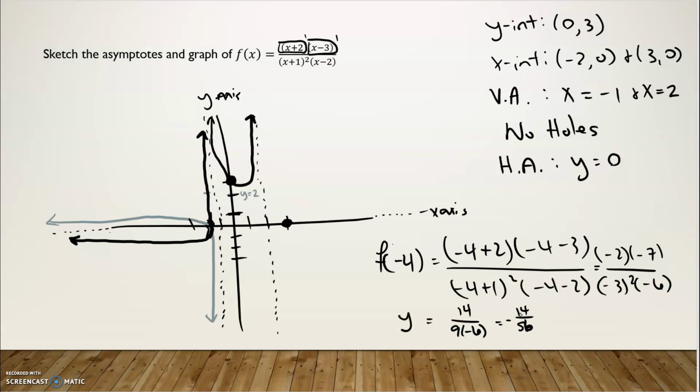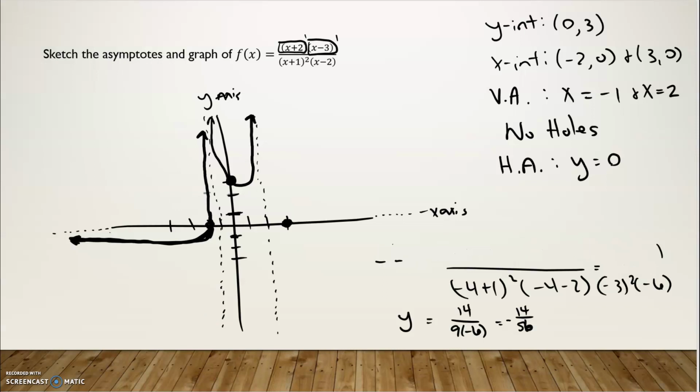Okay, so it looks like y should be a negative value at x equals negative 4. So here is x equals negative 4. Notice y should be a negative value, so your function should be somewhere down here. If it was supposed to be above here, then y would have been a positive function. Okay, so that's how I would check to see which way that one should work.